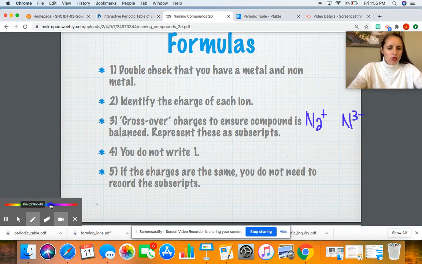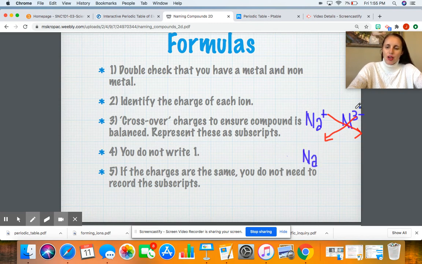What the crossover rule is going to do is take my charges and cross them. It's going to bring my charge of sodium and write it next to nitrogen, and bring my charge of nitrogen and write it next to sodium. It's going to cross over. So let's see what that looks like. I'm going to write Na, and then whatever charge nitrogen had, I'm going to write it next to sodium.